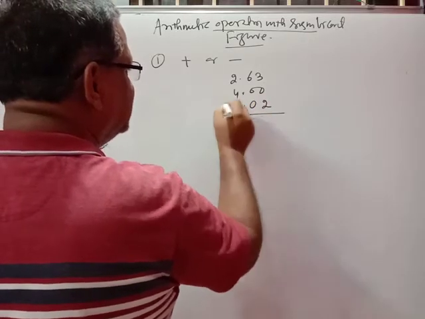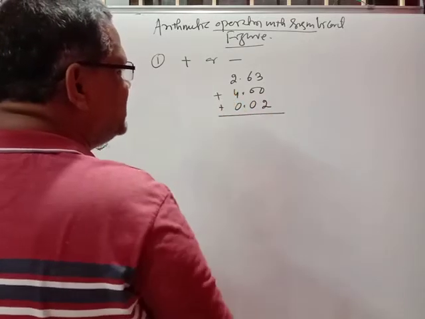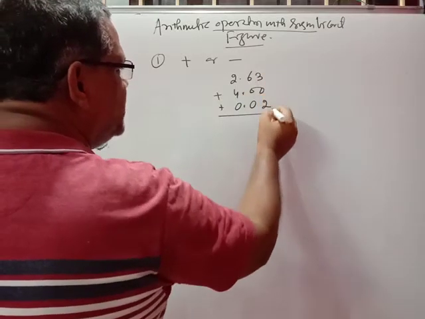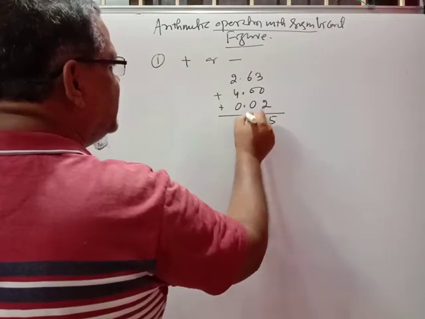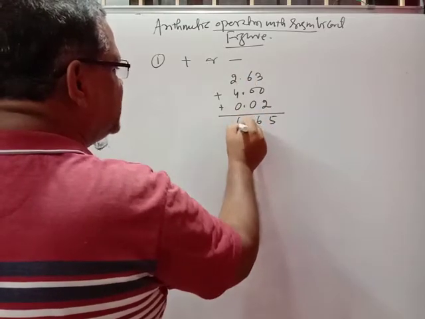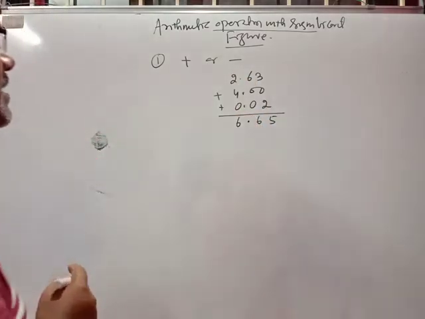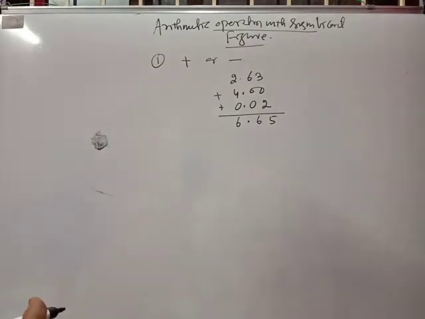If you add these figures, what happens? 3 plus 2 equals 5, and 6 plus 4 equals 10, so you are finding 6.65. You are just finding 6.65.